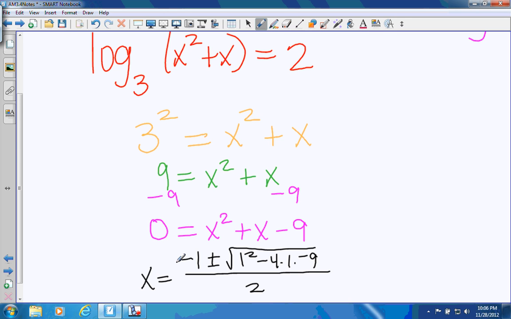Now then, if you simplify this, 1 squared is 1. 4 times 1 times 9 is 36, and since there are two negatives, it becomes 1 plus 36. So now we would have negative 1 plus or minus the square root of 37, all over 2.